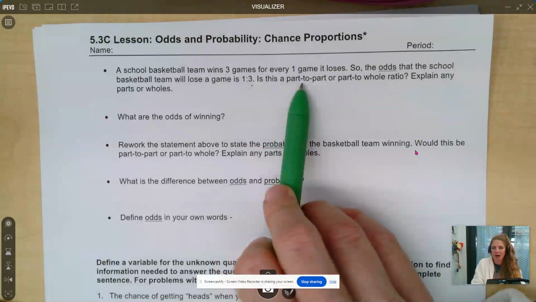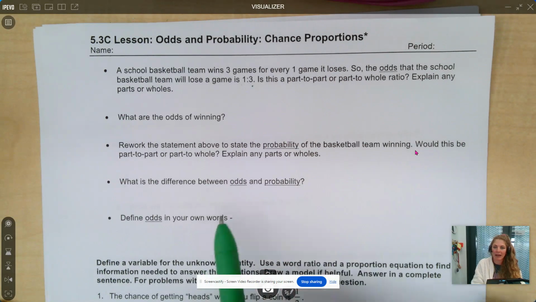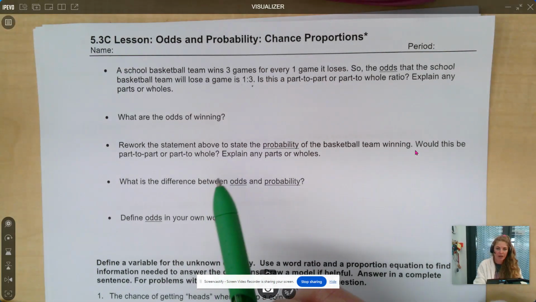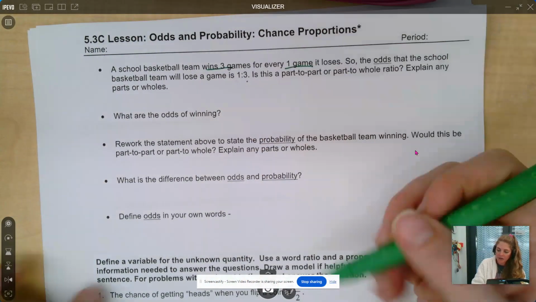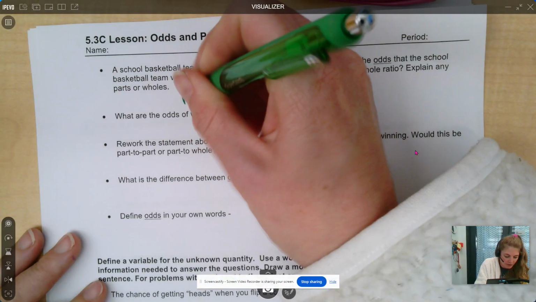So is this part to part or part to whole? Explain any parts or wholes. Since we are winning 3 games to 1 game it loses, this is a part to part.